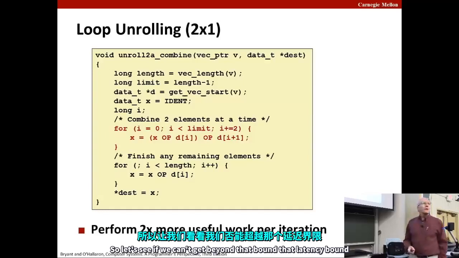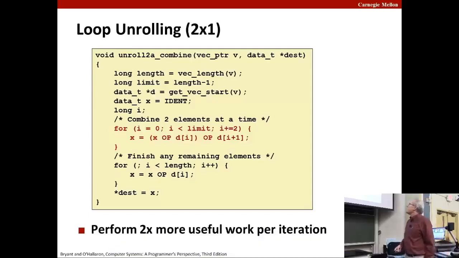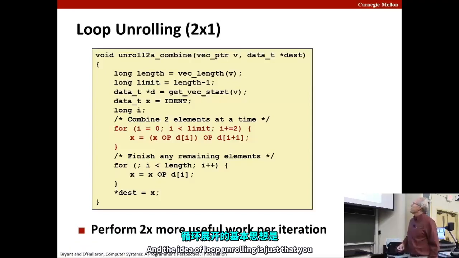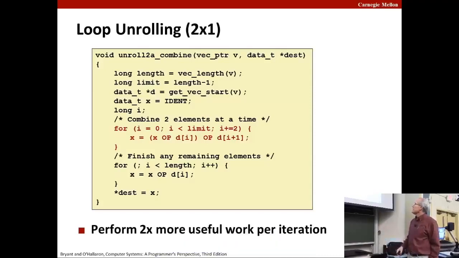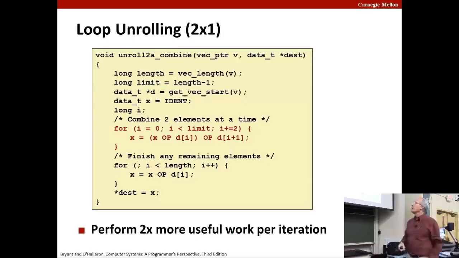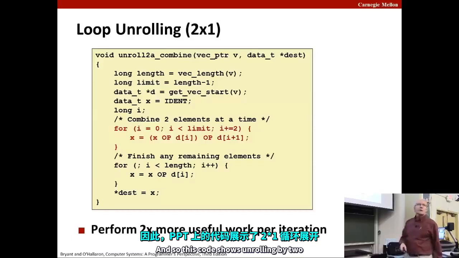So let's see if we can get beyond that latency bound. There's a fairly common technique you might have heard of called loop unrolling. The idea is that rather than executing one value within a loop, you execute multiple ones. This code shows unrolling by 2.